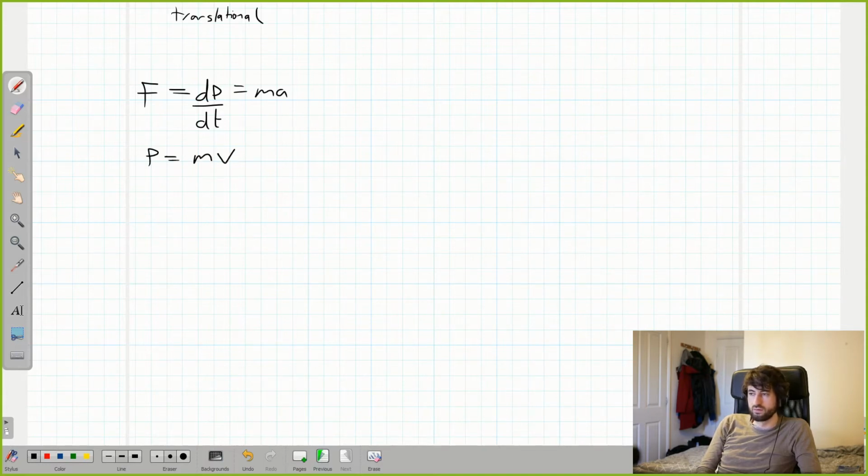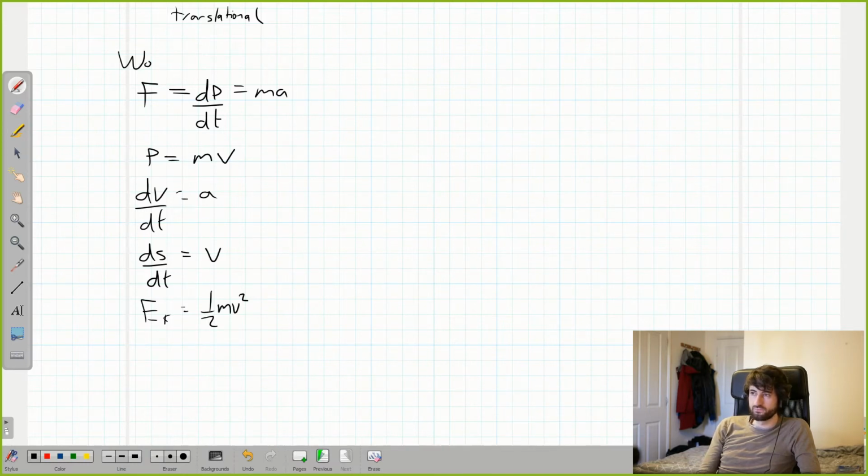Okay. We know that dv by dt is a. We know that ds by dt is v. We know the kinetic energy is half mv squared. And we know that the work is Fd.